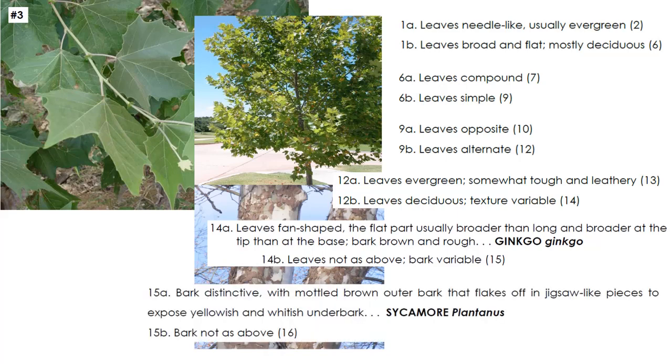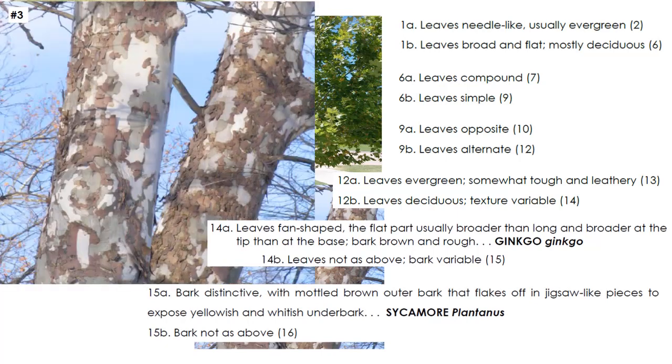Bark distinctive, with mottled brown outer bark that flakes off in jigsaw-like pieces to expose yellowish and whitish underbark, or bark not as above. I enlarged the bark a little bit so you could see it, because this is in fact bark distinctive with mottled brown outer bark that flakes off in jigsaw-like pieces to expose yellowish and whitish underbark.